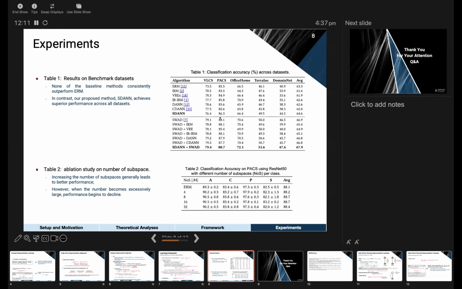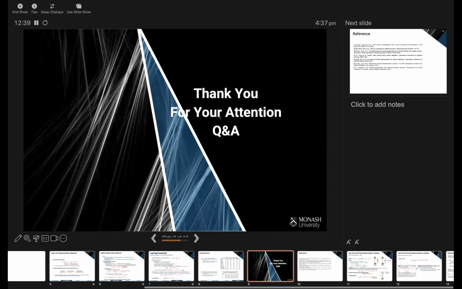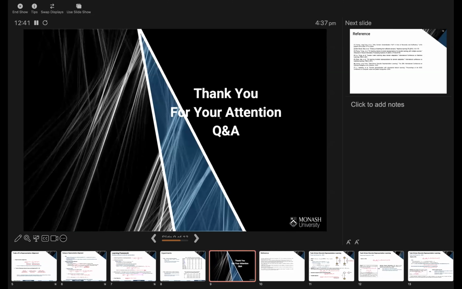It means the number of latent representations in the index set. We can see that when we increase the number of subspaces, the performance increases. But when the number of subspaces becomes too large, I think due to the optimization problem, the result starts to decrease.